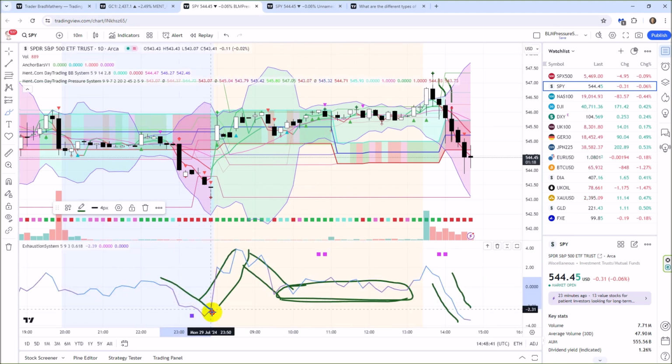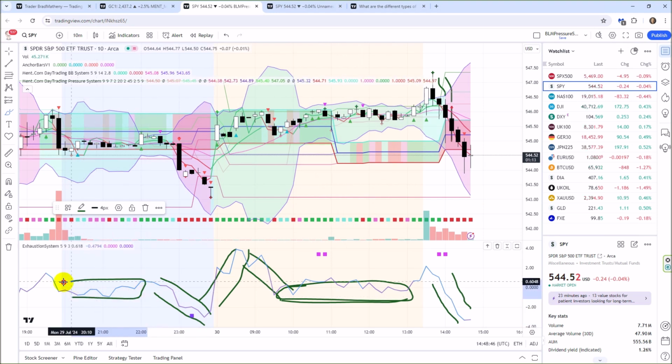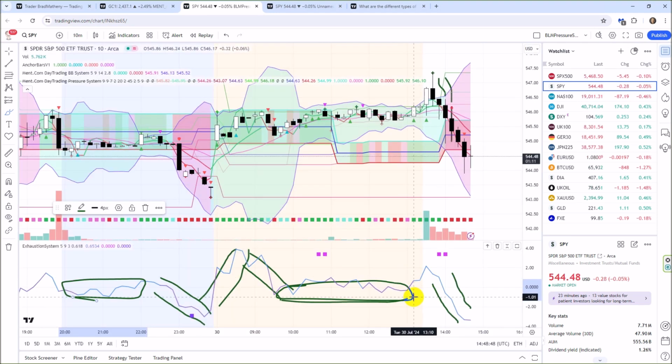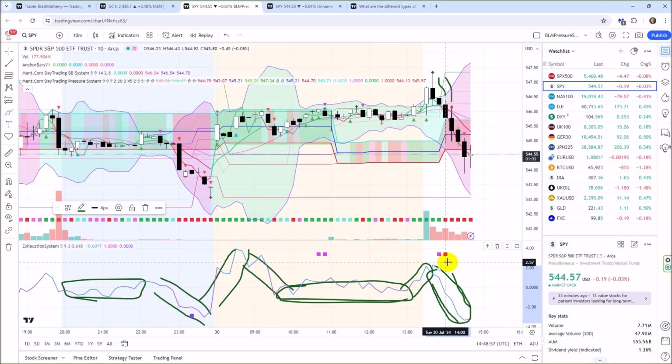So this is downward trending. This is sideways. This is upward trending. And this is downward trending. The pressure indicator is really a measurement of how much bullish or bearish pressure is being exerted on price.